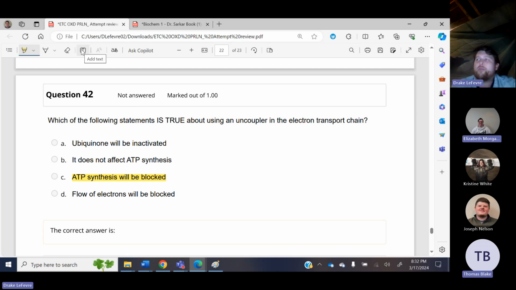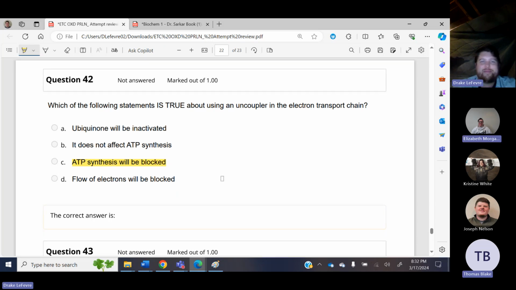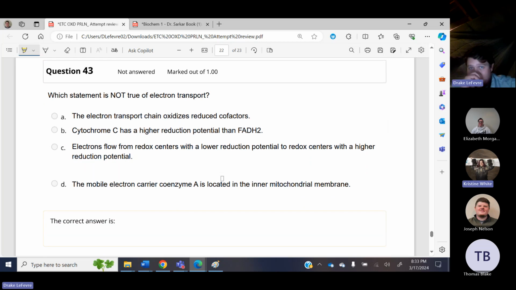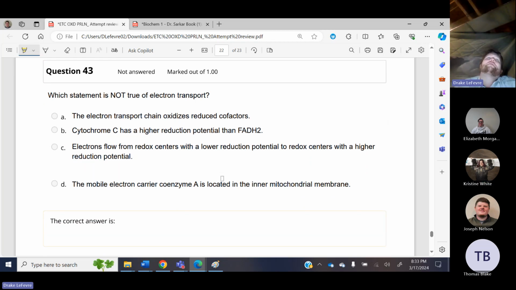Thermogenin. Yeah, thermogenin. Good. Brown adipose tissue, is it more commonly found in adults or infants? Infant. Good.